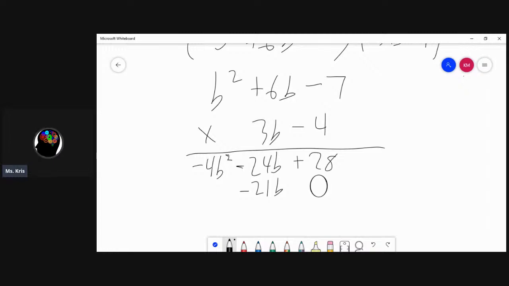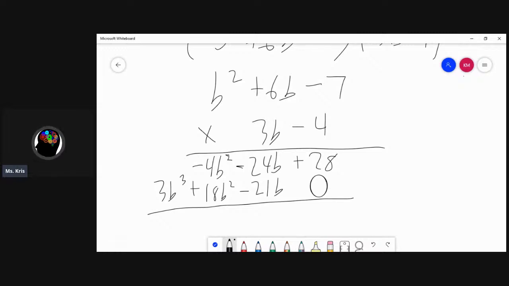Then I have 3b times 6b squared. That gives me a positive or plus 18b squared. And then, of course, 3b times b squared, that gives me 3b to the third.